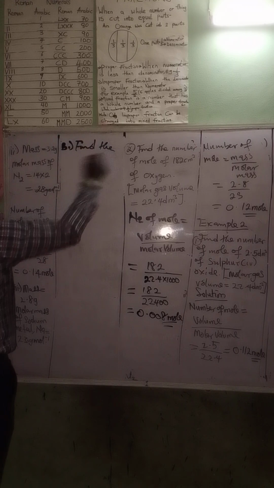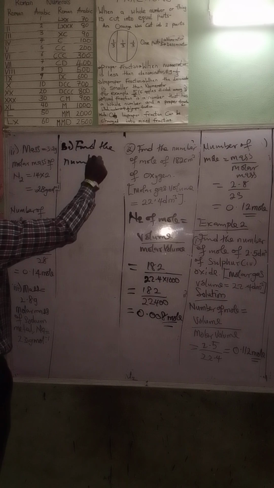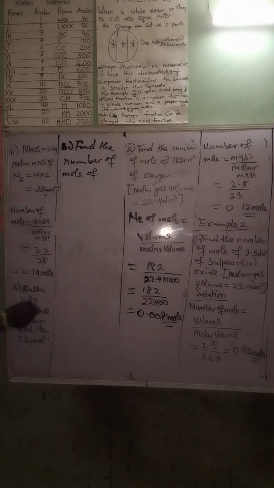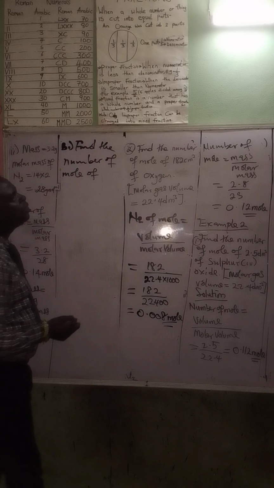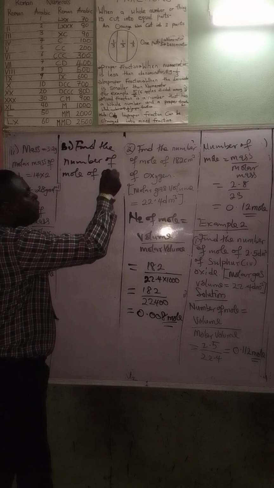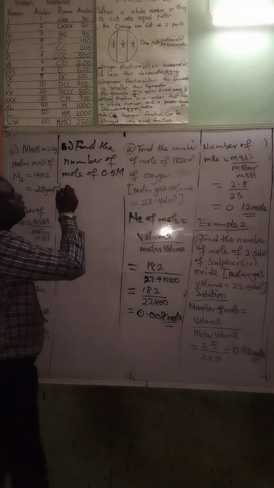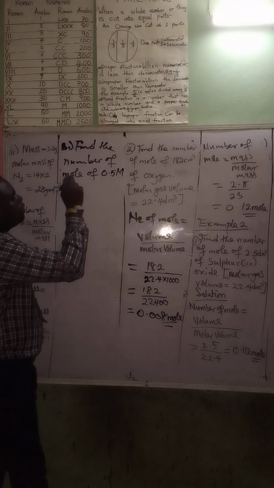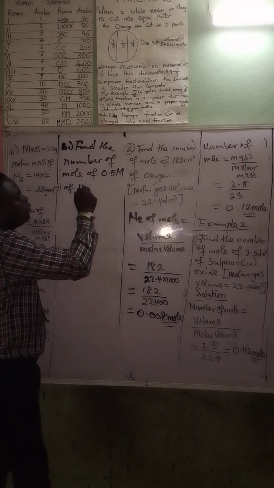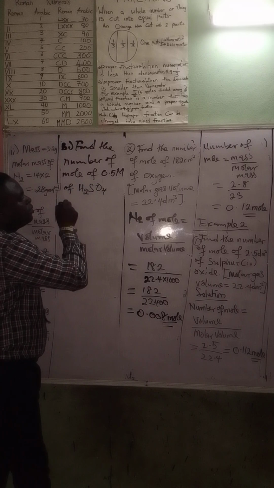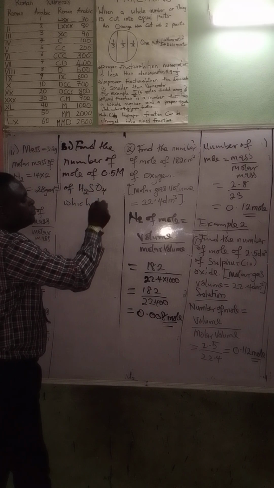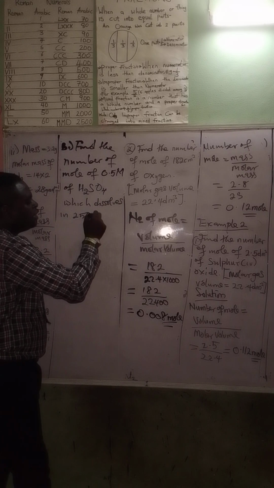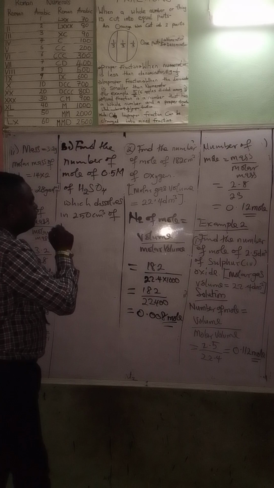Find the number of mole of 0.5 molar of H2SO4 which dissolves in 250 cm3 of the solution.